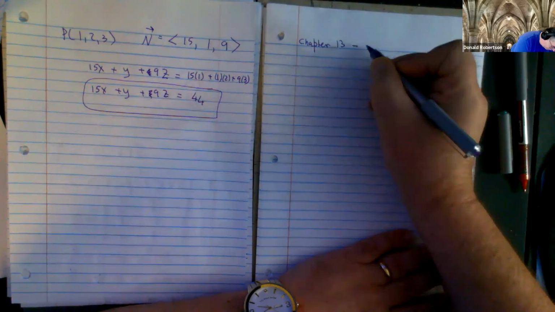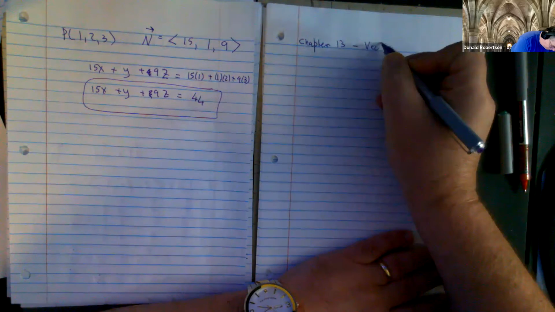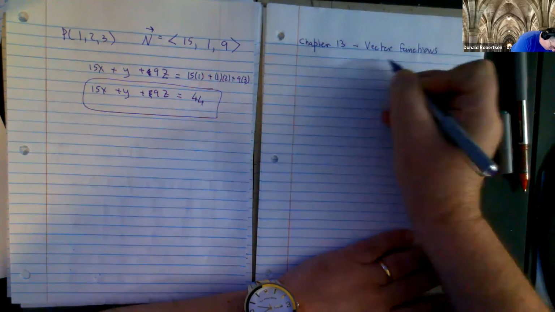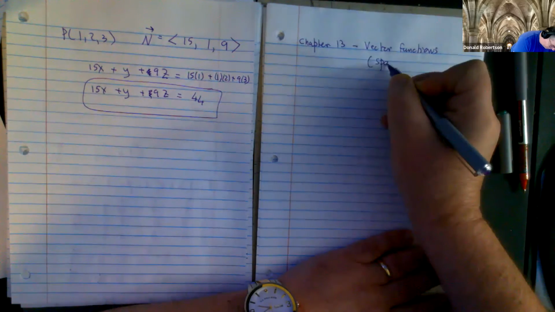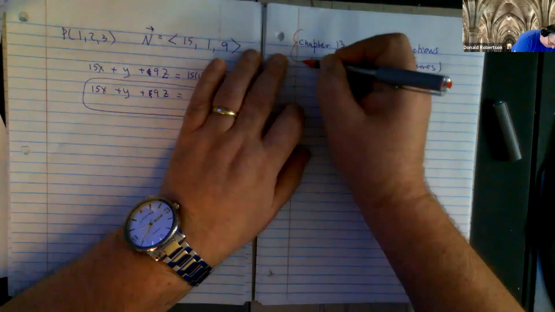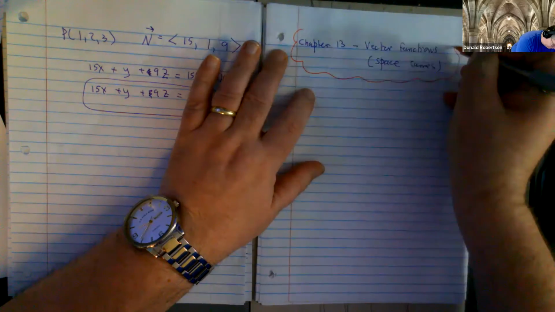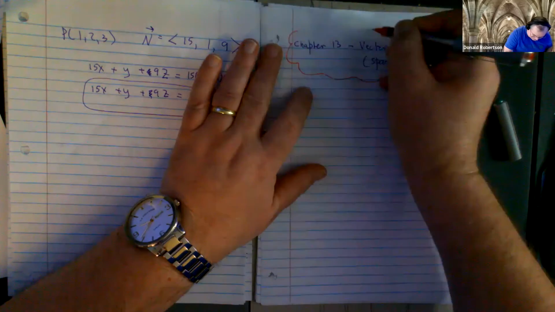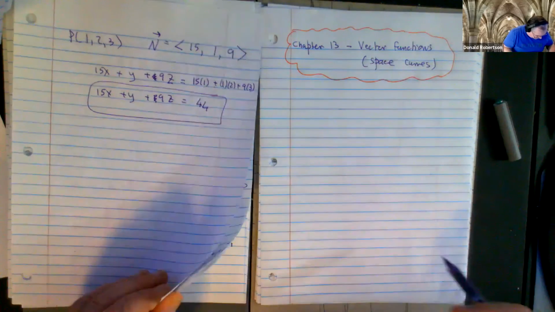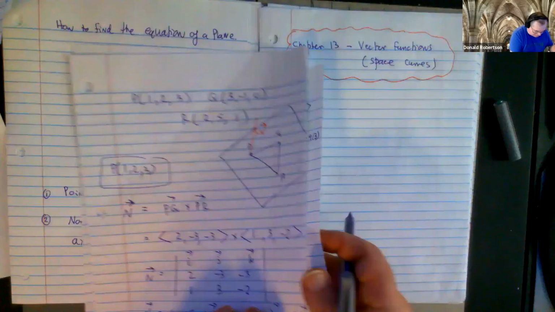Vector functions. Also called space curves. I like the name space curve. So how do you, in 3D, describe a curve?